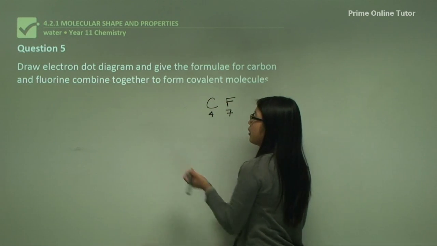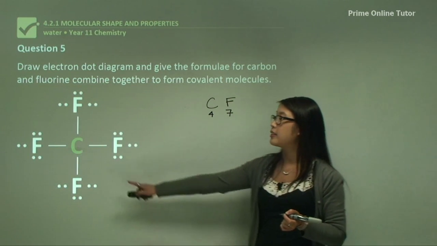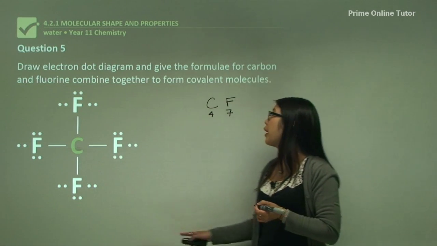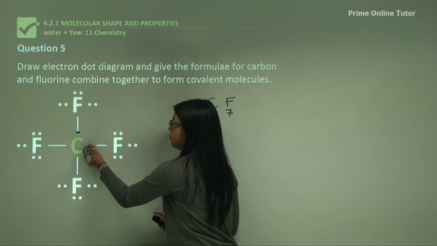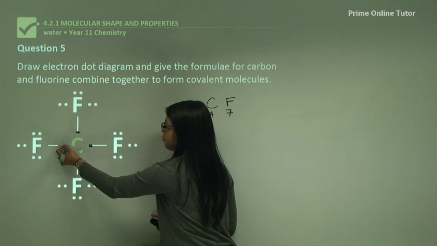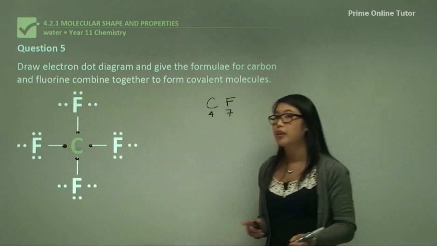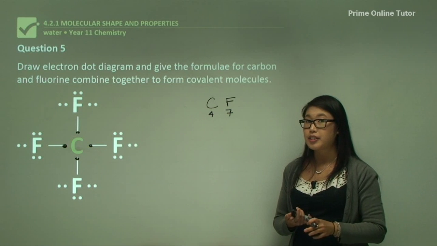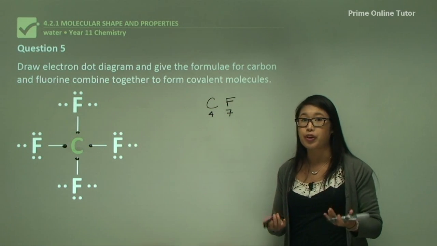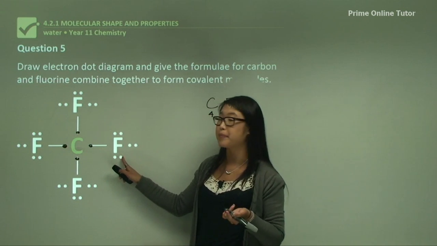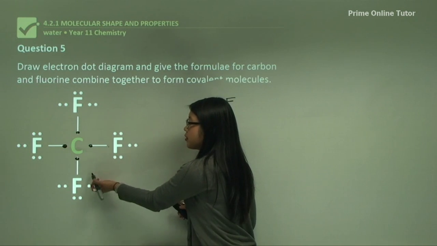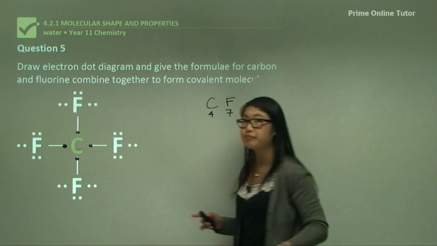So carbon will be in the center, and it will have 4 electrons in its outermost shell. For it to get 8 electrons in the outermost shell, which is what's required for bonding, it needs to bond therefore to 4 fluorine atoms. 1, 2, 3, and 4.